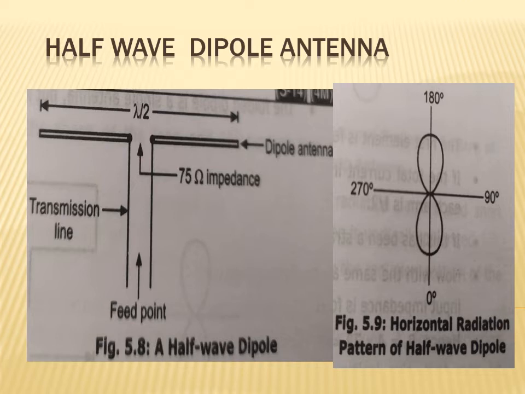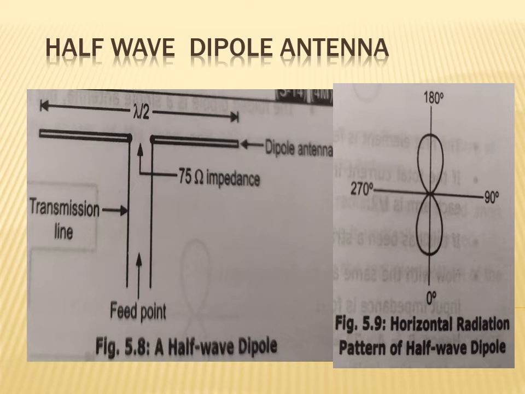These are the most common lengths for the dipole antennas. From this we see the half dipole antenna, that is the lambda by 2 length antenna. So we will see the first antenna type, the half wave dipole antenna.